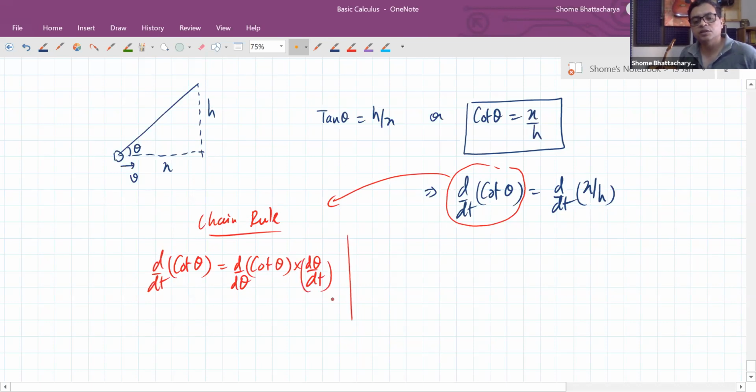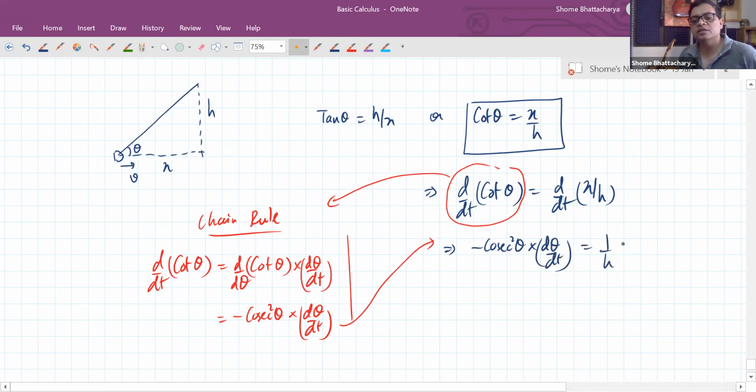As per my formula, the derivative of cot theta is minus cosec square theta. So this side becomes minus cosec square theta into d theta by dt. On the other side, I can take 1 by h outside because it's a constant and multiply with dx by dt. Now dx by dt is nothing but minus v.